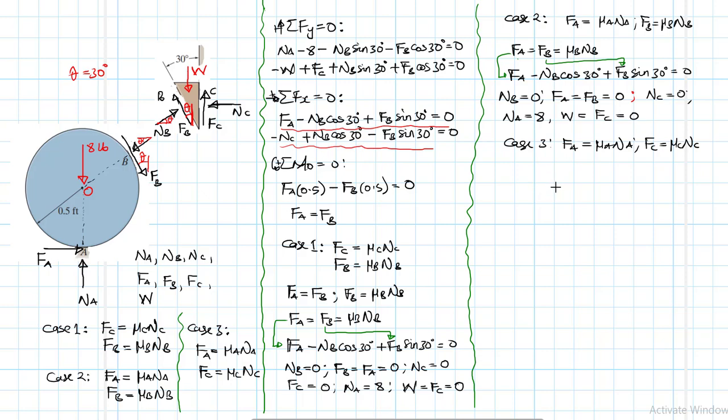So we find that using case number 3, FA equal to mu A NA and FC equal to mu C NC, our NB is equal to 51.7128 pounds.